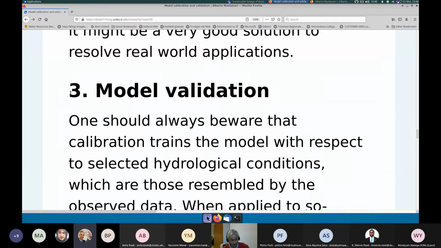I mean, you calibrate a model, and at the end of the story, I told you that you should make a check of the goodness of the fit. How to make this check? Validation is one of these opportunities. You can make a visual comparison. You can apply whatever solution you think appropriate.